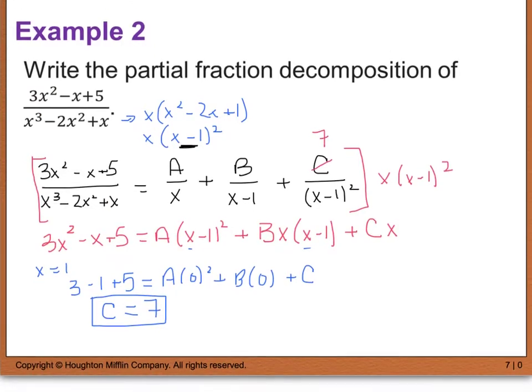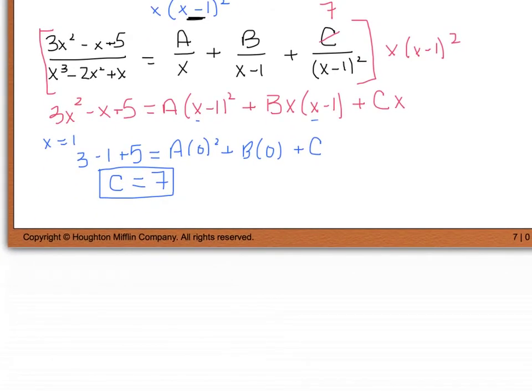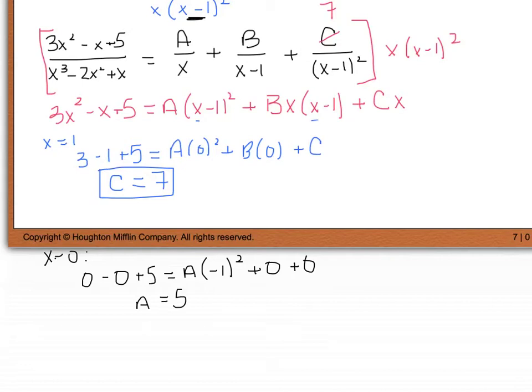Now I can't use 1 anymore, but I notice right here that if I plug in a 0 for x, that's going to make this one go away and this term go away, so then I can solve for A. So when x equals 0, I end up with 0 minus 0 plus 5 equals A times negative 1 squared plus 0 plus 0, or A equals 5.